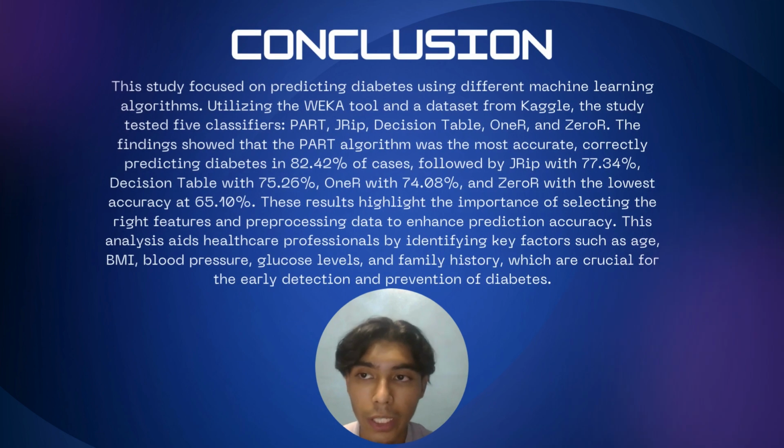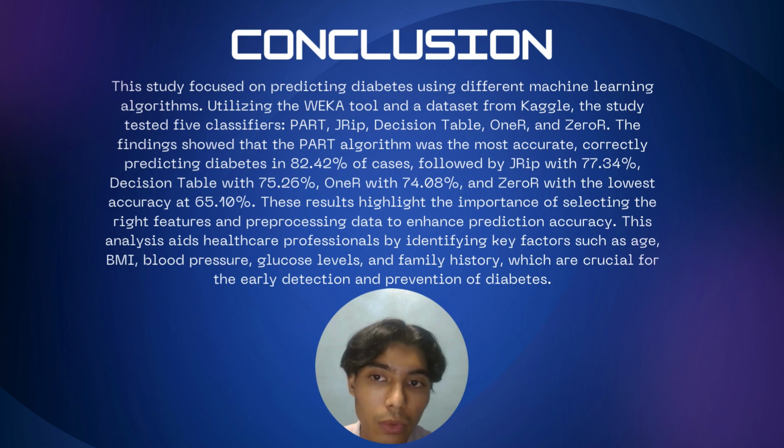For the conclusion, the study focused on predicting diabetes using different machine learning algorithms, utilizing the Weka tool and a dataset from Kaggle. The study tests 5 classifiers: PART, JRip, decision table, 1R, and 0R.